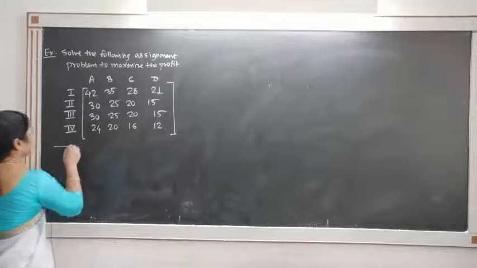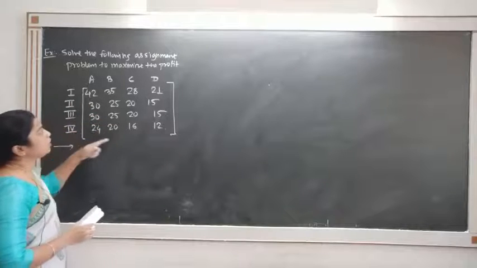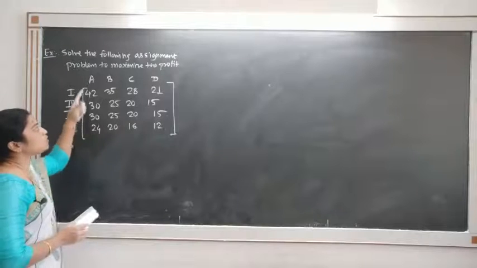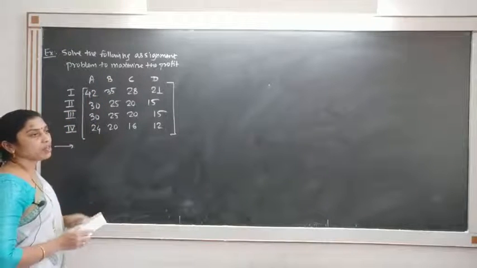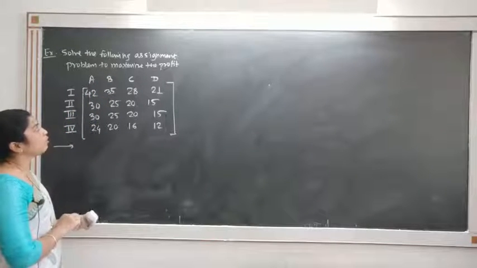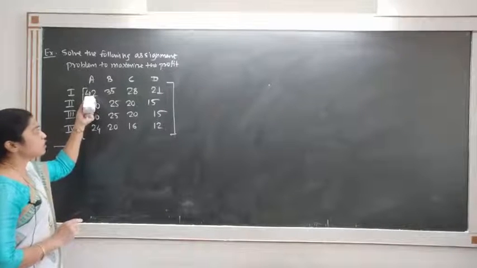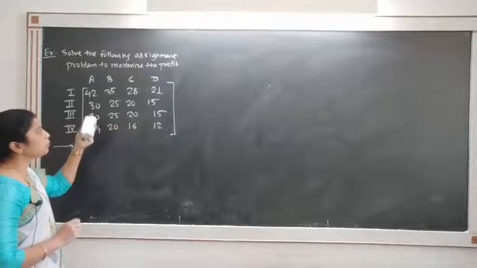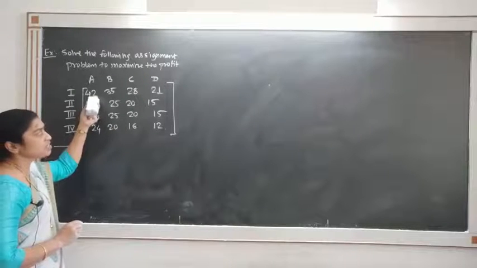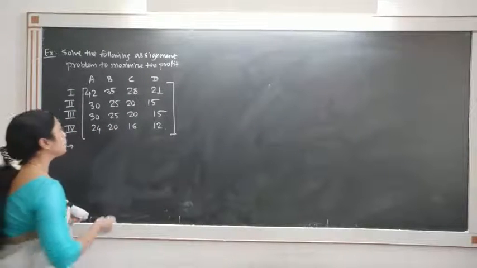So see the example. Among all these elements, because we have to maximize the profit, we have to find the largest element and subtract all the elements from this largest so that it converts to minimization.